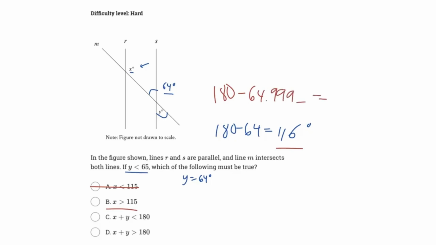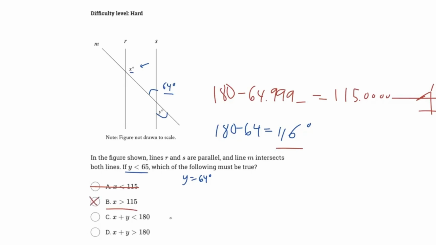That would yield 115.0000, etc., 1, right? That's messy, but you get the point. So basically, we can't ever go underneath 115 degrees for X if Y is less than 65. Therefore, B is our answer, but let's just check the other answers to be sure.